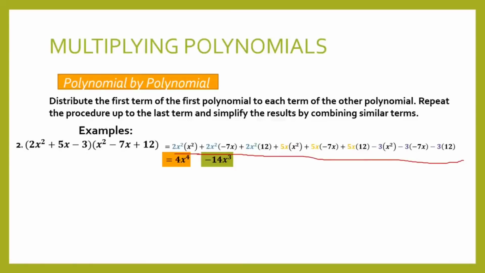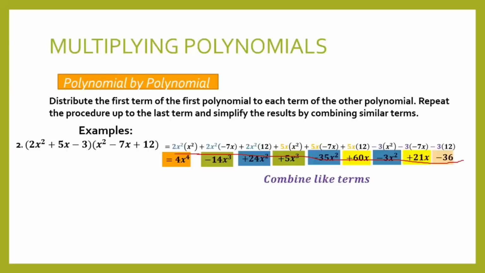So we have 2x to the fourth minus 14x cubed plus 24x squared plus 5x cubed minus 35x squared plus 60x minus 3x squared plus 21x minus 36. And again, we combine like terms.